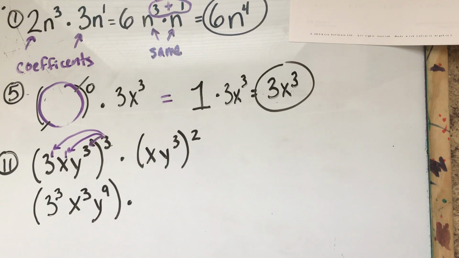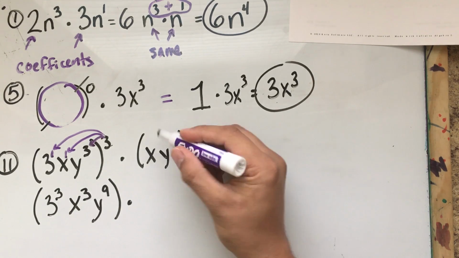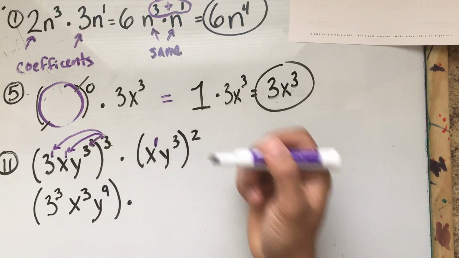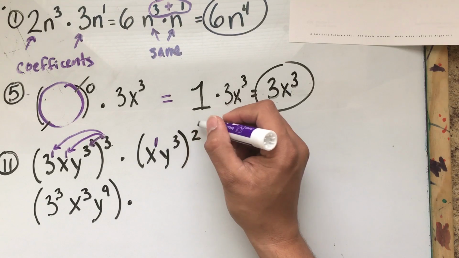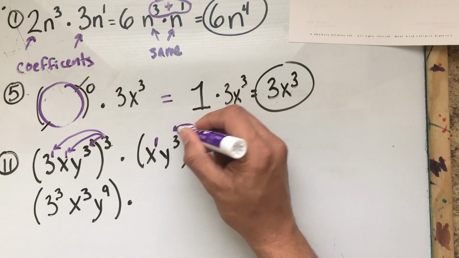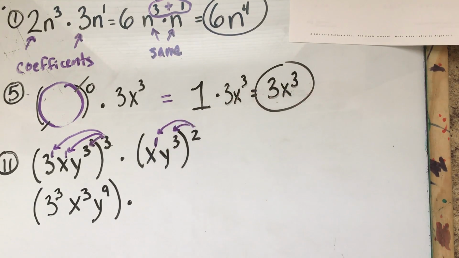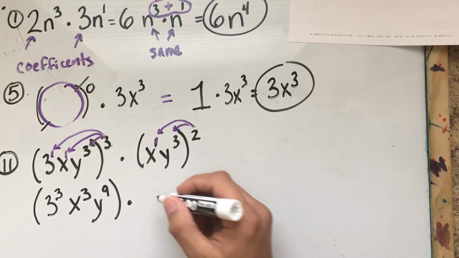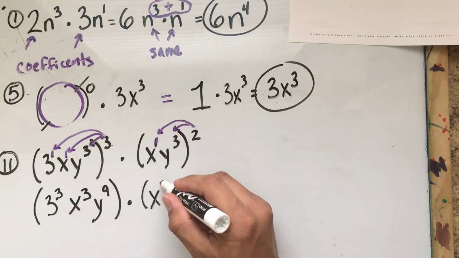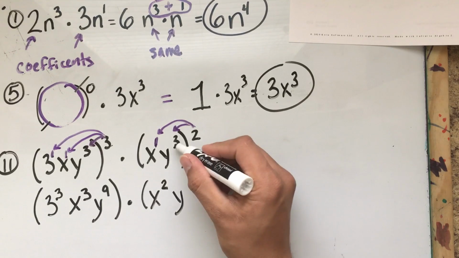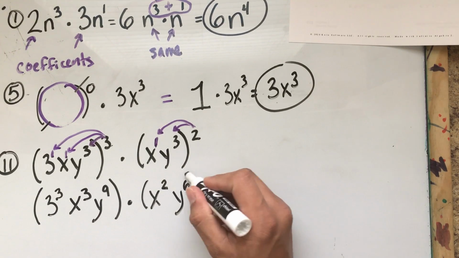The x, I don't see a power on there, so I'm going to put the number 1 there. Now, again, these powers are being raised to another power, well, you got to multiply your powers together. Okay? So let's go ahead and multiply our powers together. That becomes x to the 1 times 2, that's 2. 3 times 2, that's 6.